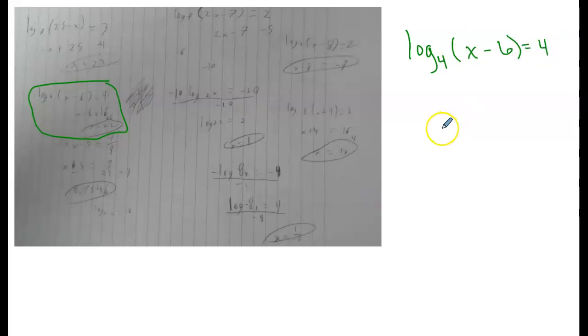And then next we'll look at the second problem, where we're taking the log base 4 of the quantity x minus 6, and that's equal to 4. So we'll start by exponentiating both sides, and by the inverse property, then x minus 6 is equal to 4 to the 4th power.